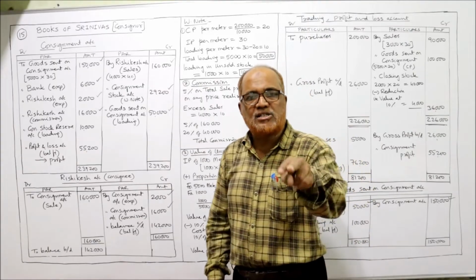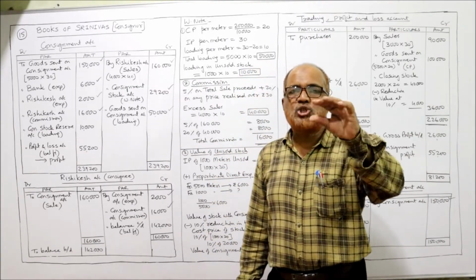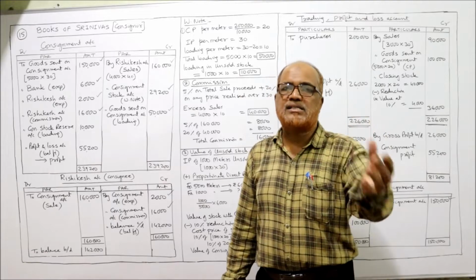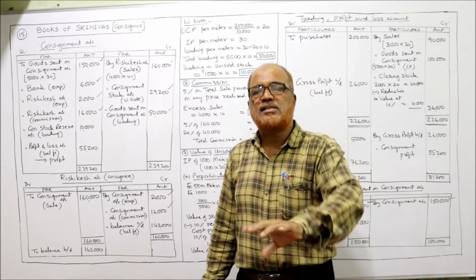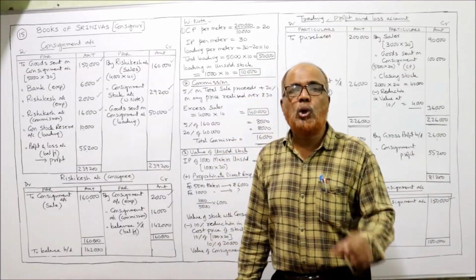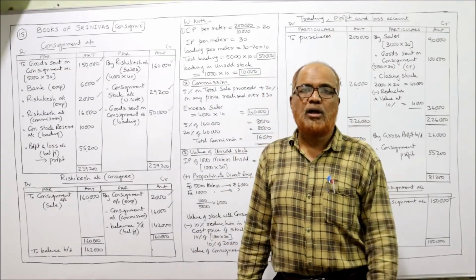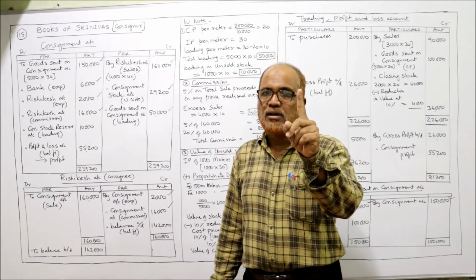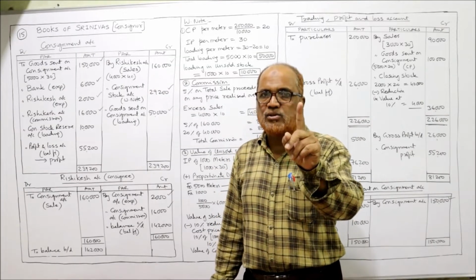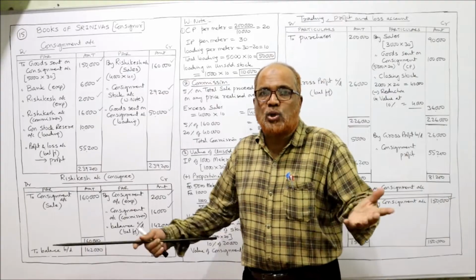Second entry, second adjustment entry. Consignment account debit to consignment stock reserve. Loading in unsold stock. So how many units are in unsold stock? 1,000. The consignee is having 1,000 meters unsold stock.